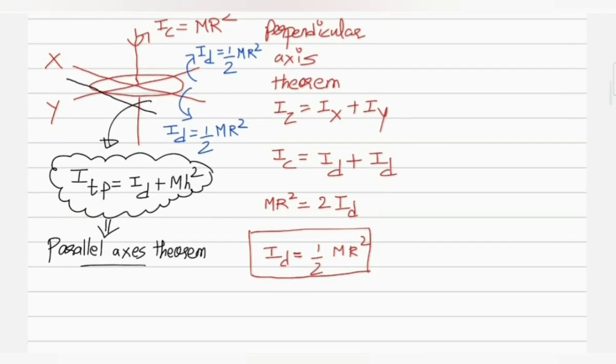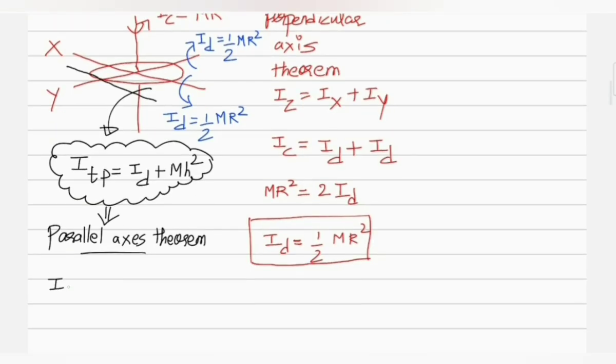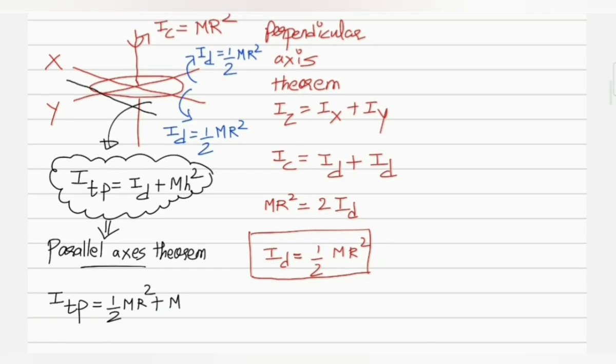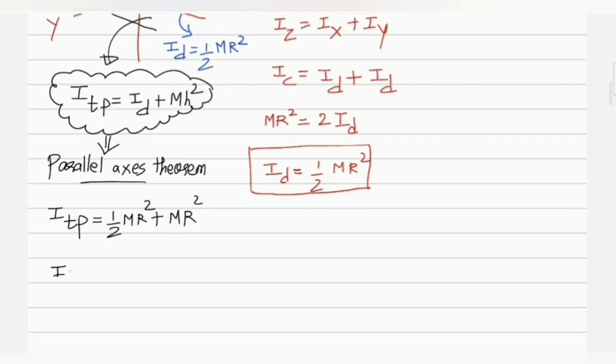So students, the moment of inertia about an axis which is tangent and parallel to that ring will be the moment of inertia about the diameter Id, which is half mr square, plus m times h square. h, students, is the perpendicular distance between the two parallel axes, which is nothing but the radius of the ring, right? So this is mr square. So the total ITP, which is your requirement, will be 3/2 mr square.